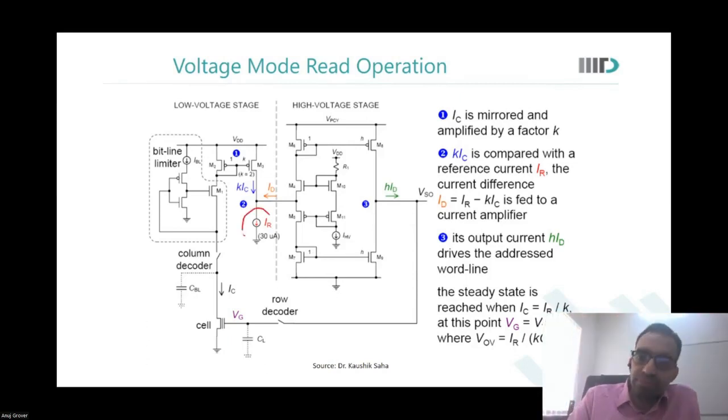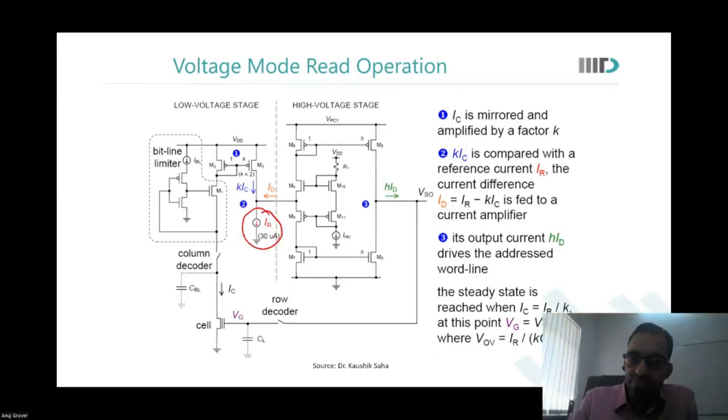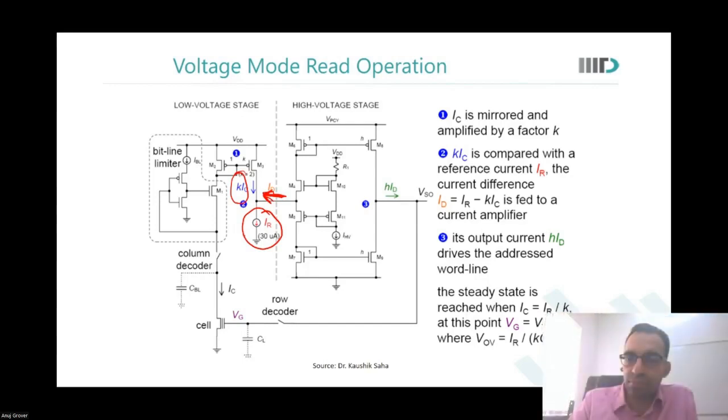So IR, I have a reference current. K times IC plus ID should be equal to IR. Okay, so as KIC varies, so does the ID, and then ID is amplified to give us the output basically. Okay, yes, got it.